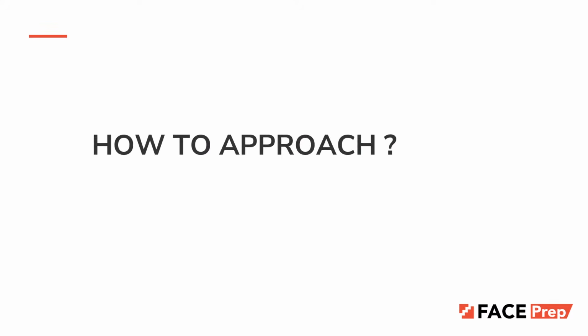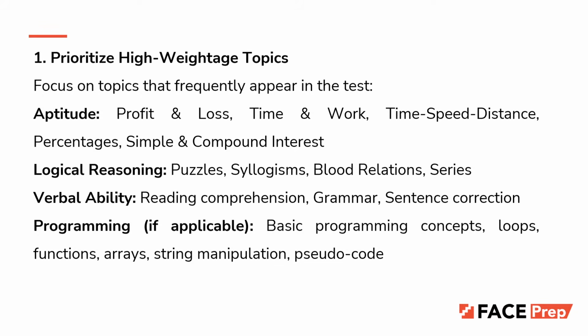So here I've given you a few questions or the weightage which you have to look for. Focus on the topics that frequently appear in tests like profit and loss, time and work, time speed distance, percentages, simple and compound interest. So this is for quantitative aptitude. For logical reasoning, you may check puzzles, syllogisms, blood relations and series.